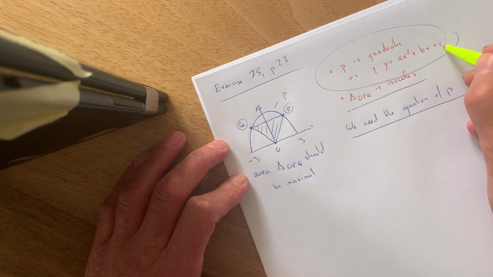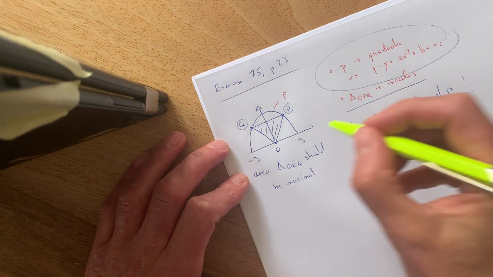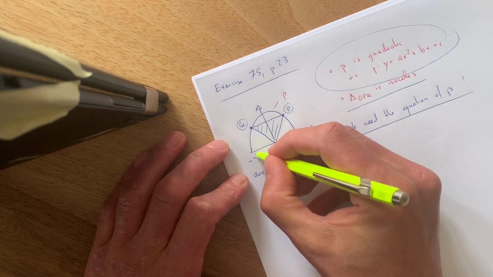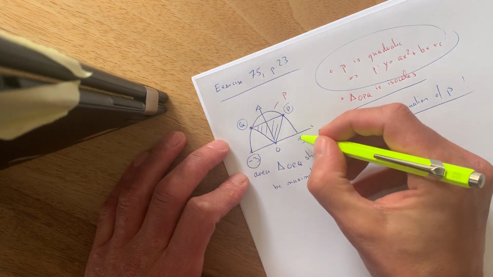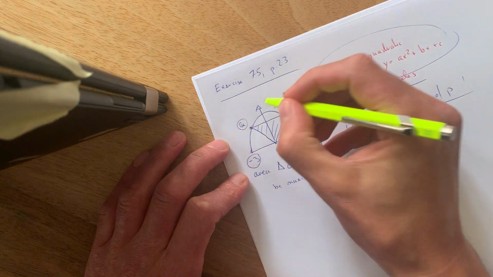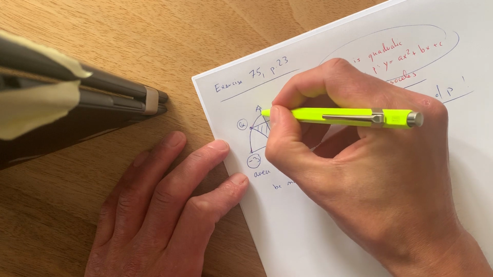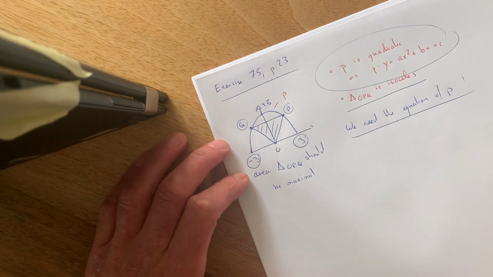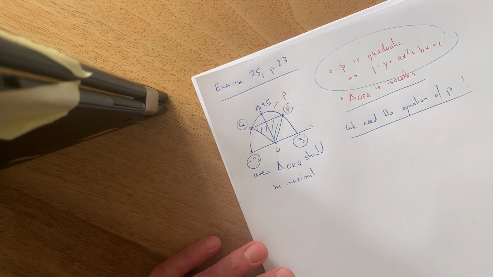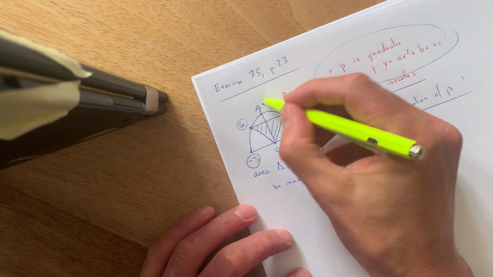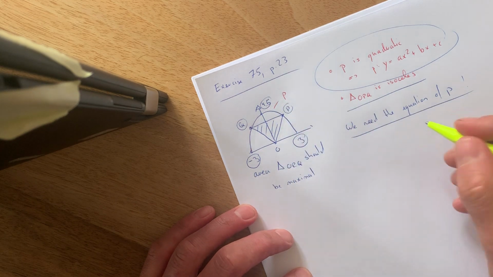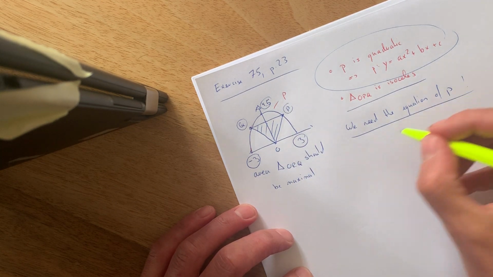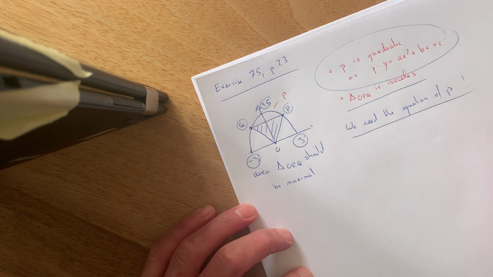First, we know that it is quadratic. In addition, we know that this point lies on P, and moreover, this point here also lies on P and has y coordinate 4.5. So we know in fact 3 points lying on P, so we can set up an equation of P.